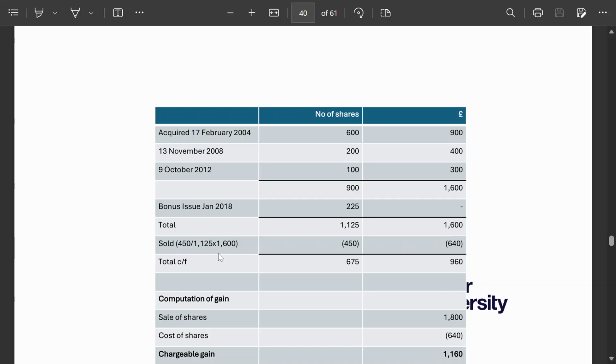That is your proportion. The total value of the block is 1600, so you multiply that percentage by 1600 and you get 640. So your cost of the shares will be taken as 640. Is this clear? Then you have the sale of shares at 1800, and the cost is 640, so the chargeable gain is 1160.